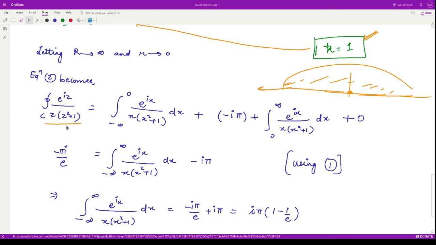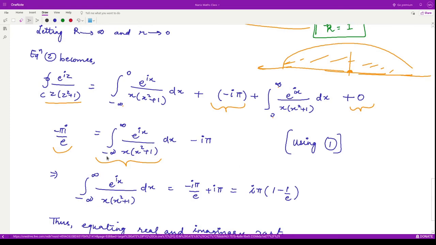So the value of this evaluated from equation number 1 is this one. Now when r goes to infinity and small r goes to 0, this becomes minus infinity to 0, and this becomes 0 to infinity. So we can combine these limits, so it would be minus infinity to plus infinity of dx, and then the value of the integral evaluated over small gamma is minus iota pi, and that over capital gamma is 0. So we are left only with this term.